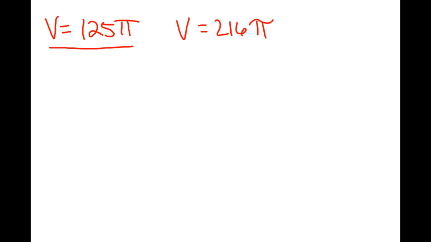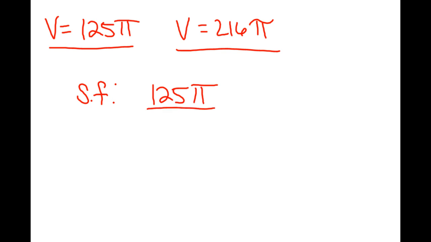This one's obviously the small volume. This is the big volume. And I just want you to find the scale factor. The way you have to do that is you're going to set up your ratio of small volume over large volume. And what I'm going to do in the calculator is take a cube root.